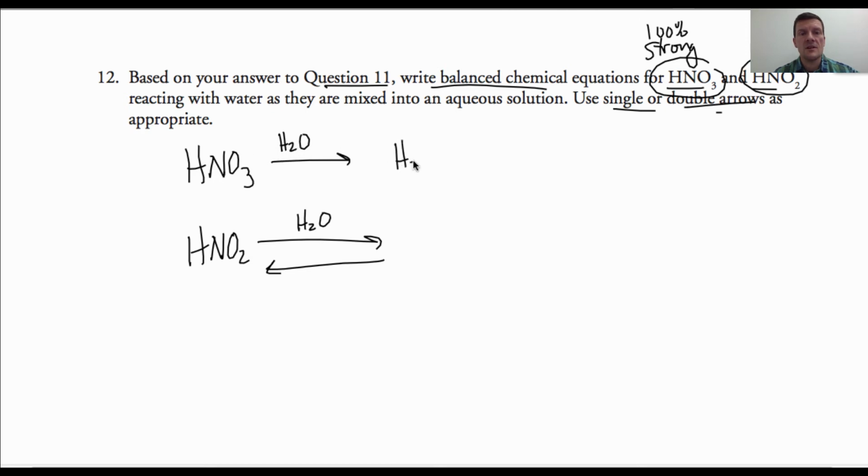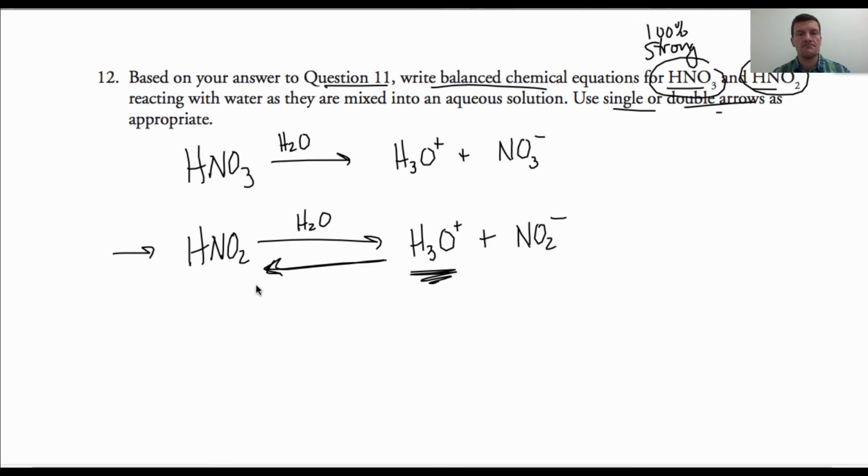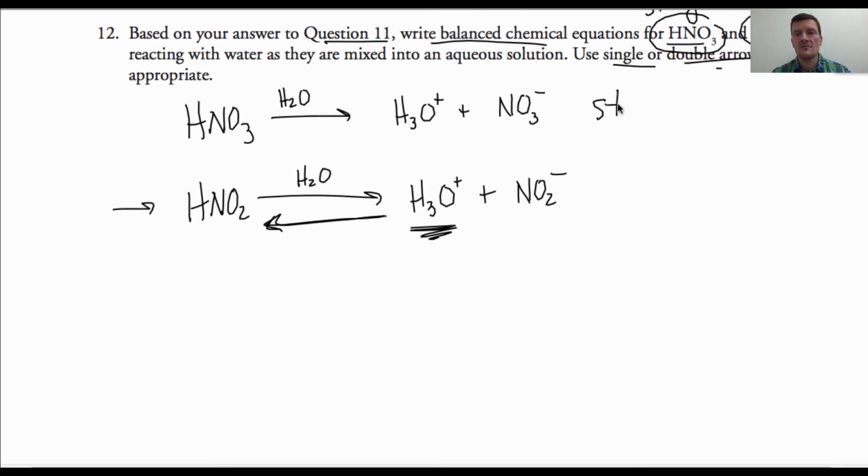So you're going to form hydronium ion and the conjugate base anion. And here you're going to form hydronium ion and HO2 negative, but this double arrow tells me I'm not going to have very many ions in this second reaction right there. Okay? Strong, weak.